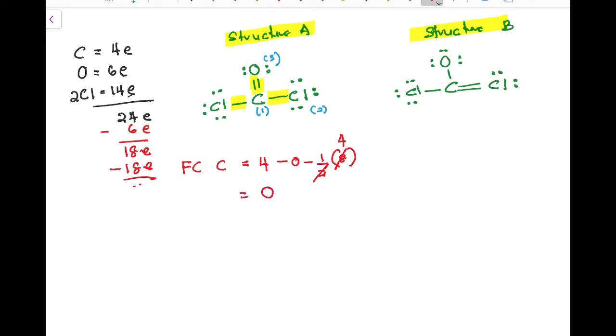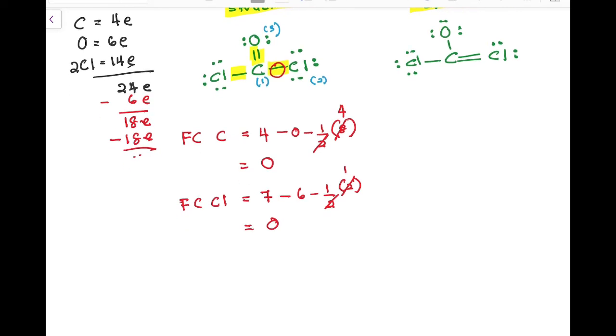So what about the second one? Formal charge for chlorine. Chlorine, the valence electron is 7, minus how many lone pair around chlorine? 6, minus half from the bonding pair. Chlorine only have one bonding pair, which is 2. Same, so become 0. And what about oxygen? So maybe I can scroll it a little bit up.